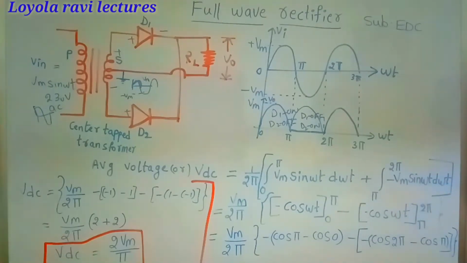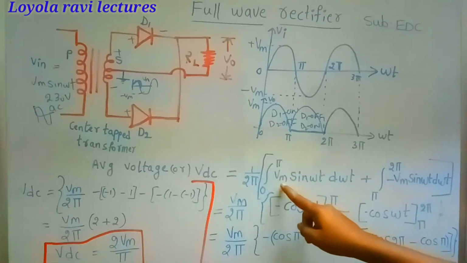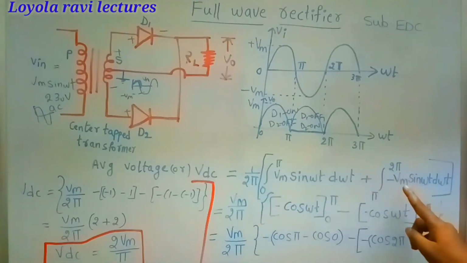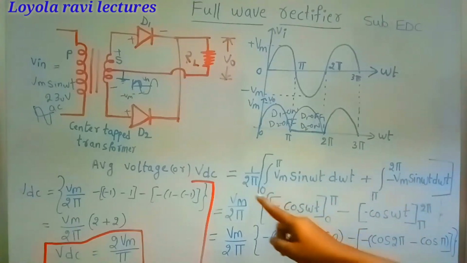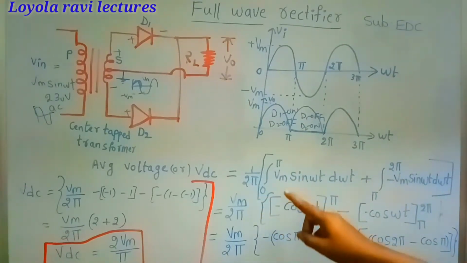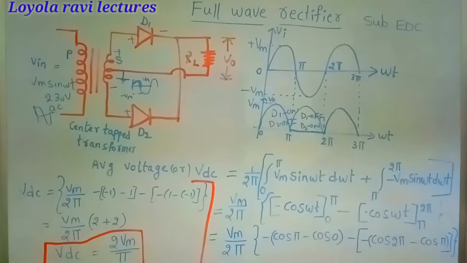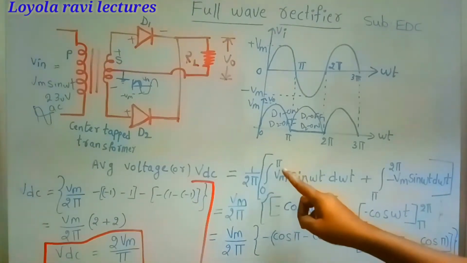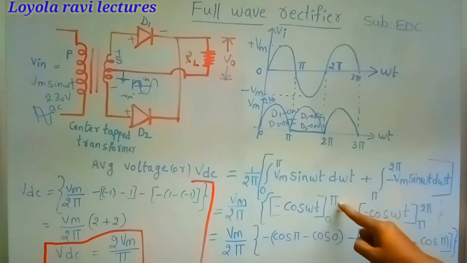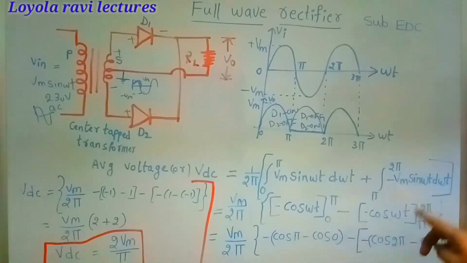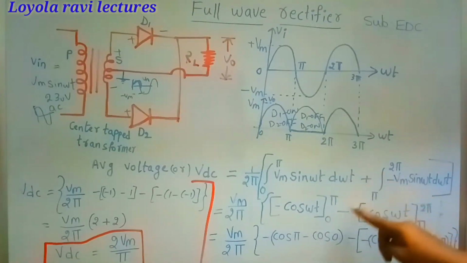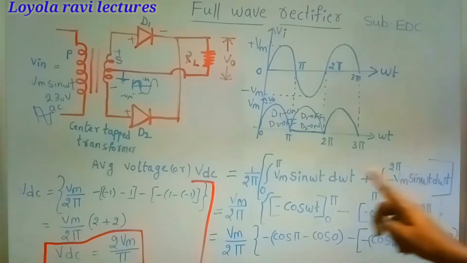Then I can simplify this. Vm by 2 pi. Here I am taking Vm common, since Vm is in this term and in this term. Vm by 2 pi, and the integration of sin omega t is minus cos omega t. Limits are from 0 to pi. Minus, here we have a minus, minus into plus minus, which we have already taken as common.